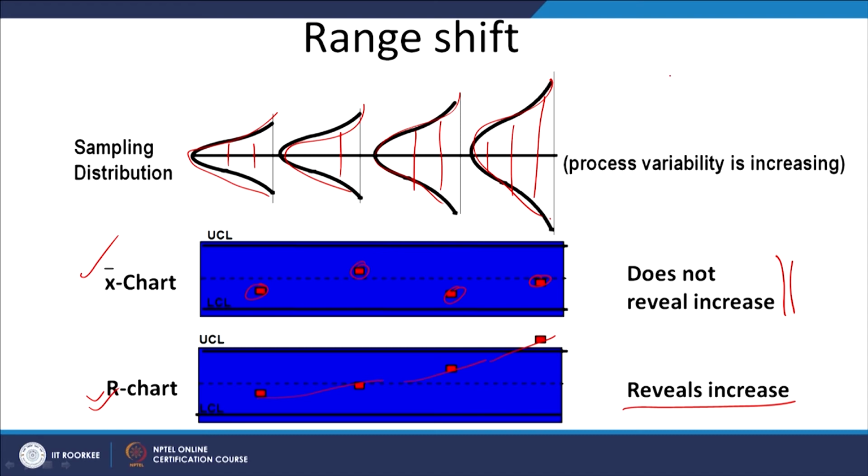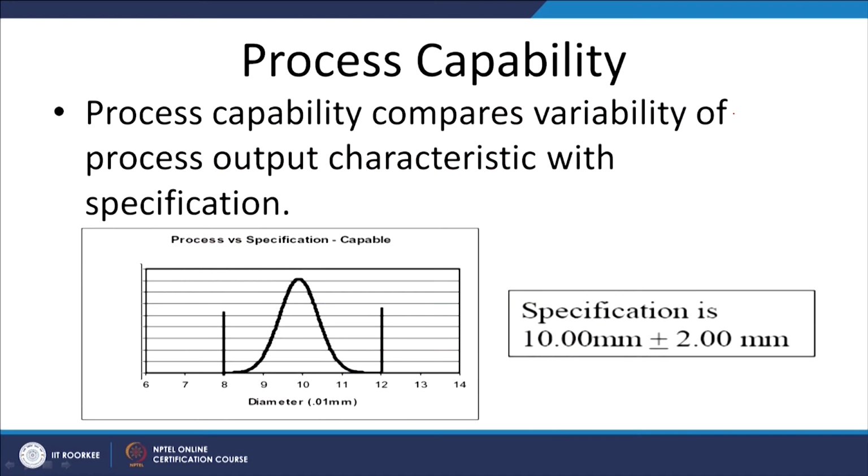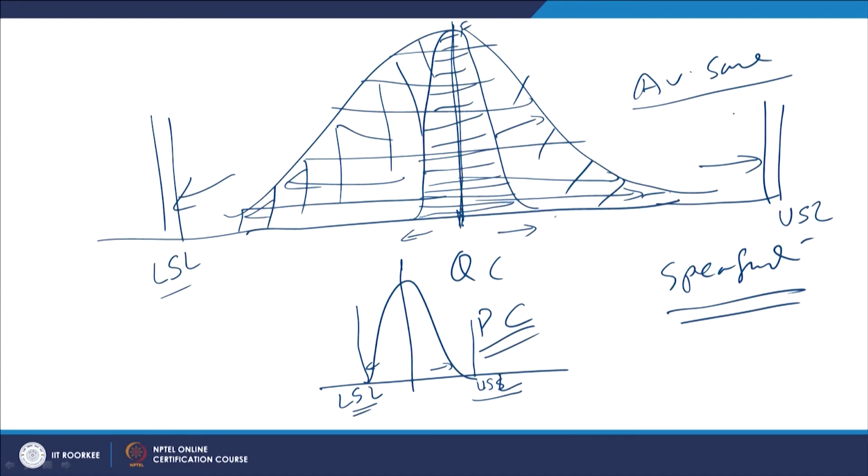So, we need to see the average and the range charts both together to make an effective inference about the situation if the process is under control or not. Another important aspect is the process capability.